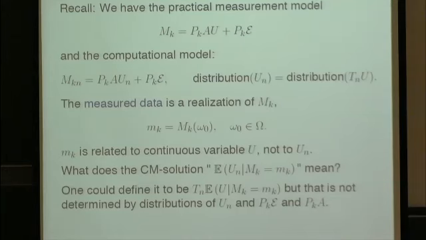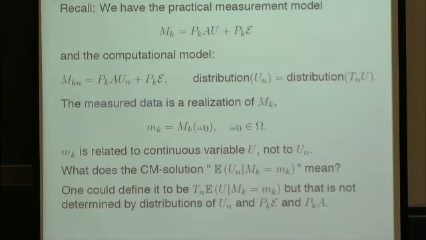Now there is a surprising technical difficulty. It is that the data that we use, when we have real data, in simulations the situation is different, but when we have real data, the measurement is related to this practical measurement model. But we do all computational work using this computational model.